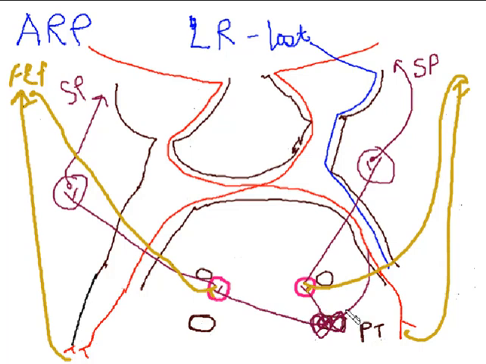From the Edinger-Westphal nucleus, fibers go to the ciliary ganglion, postganglionic fibers they go to sphincter pupillae, and they go to the ciliaris muscle. So again, they go to the sphincter pupillae and they go to the ciliaris muscle.